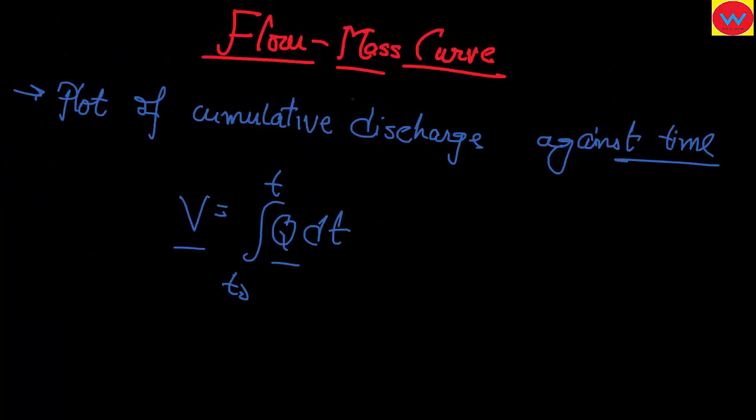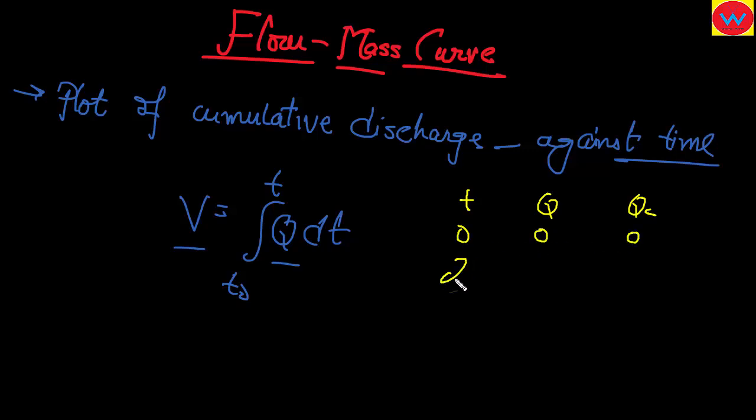Flow mass curve is basically a plot of cumulative discharge against time. So first of all, let us understand what cumulative discharge means. For example, here you have time t, and here you have Q and QCM, the cumulative discharge. At time 0 your discharge is 0, so cumulative discharge is 0.